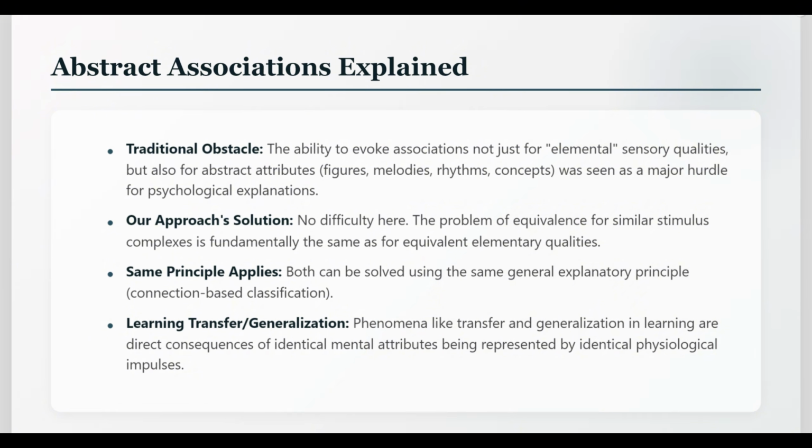Both are solved by the same principle. Identical mental attributes correspond to identical physiological patterns of impulses and their sequels. Learning transfer and generalization also fall out naturally from this, because the same underlying impulse pattern represents the same attribute, whether it's encountered directly or indirectly.